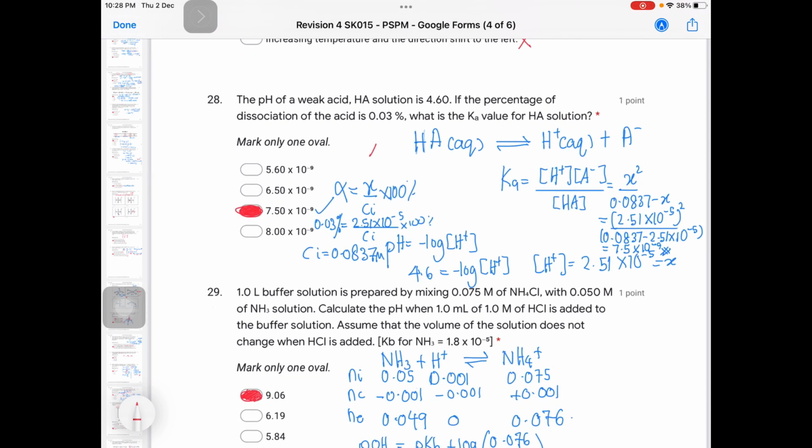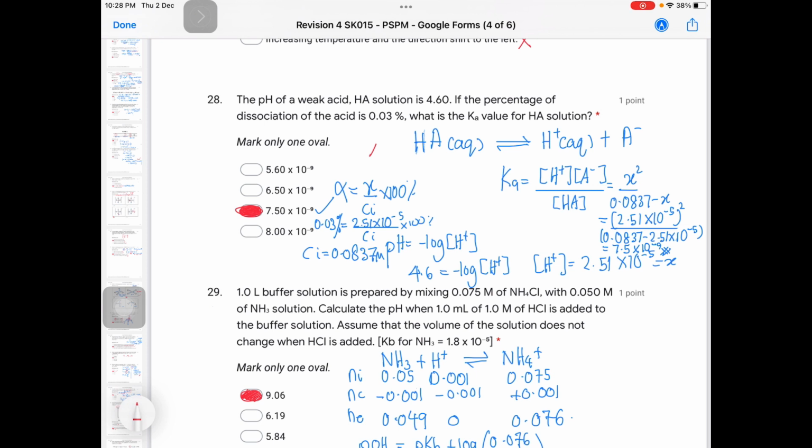Okay, next. The pH of weak acid solution HA is 4.6. If the percentage dissociation of the weak acid is 0.03%, what is the Ka value for this acid? Jadi sekarang ni kita nak kena cari dahulu. Kalau dia bagi pH, maksudnya kita boleh dapat concentration H+.